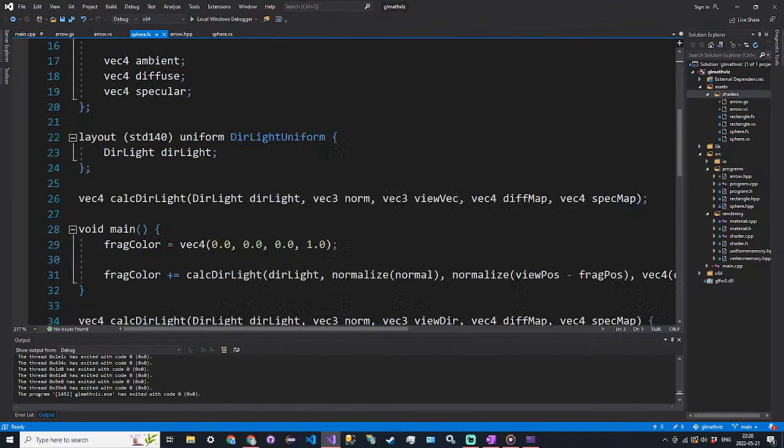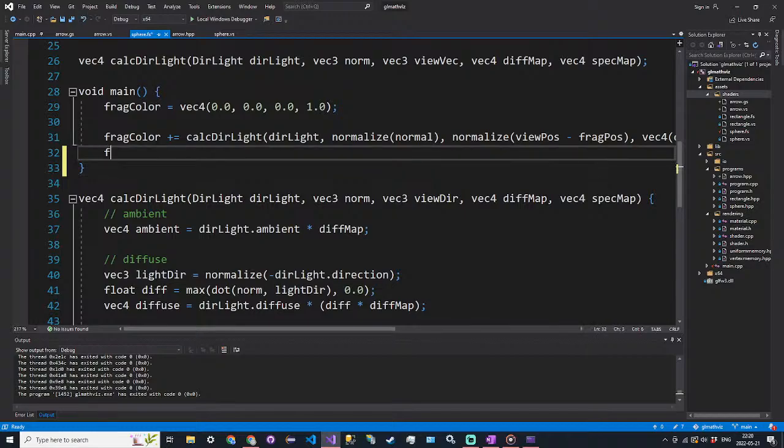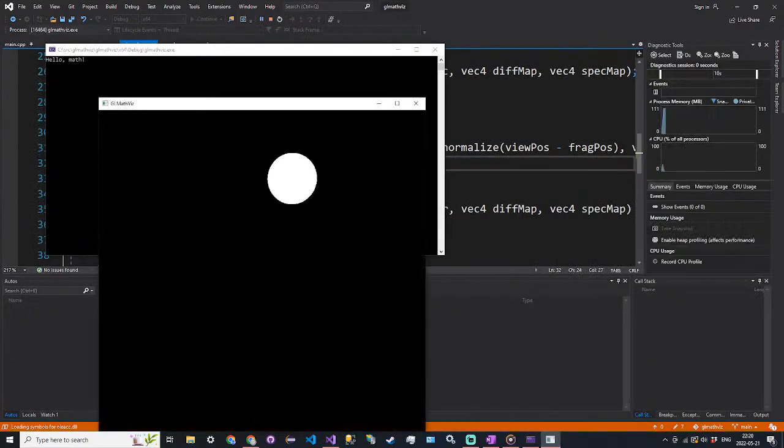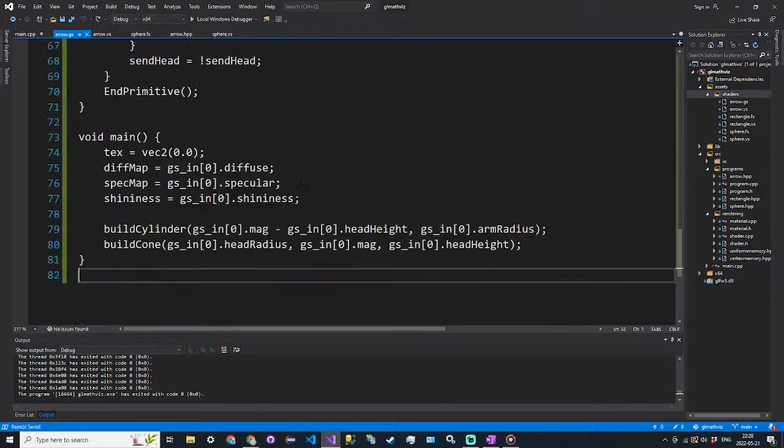Let me have the fragment shader just have a constant color just to see if that's the issue. Nope. So I don't know, is the geometry shader getting invoked?